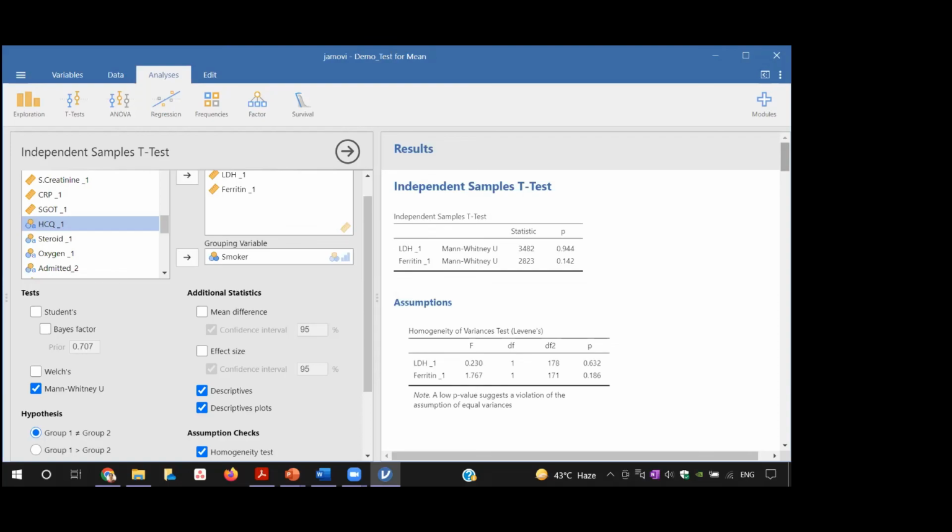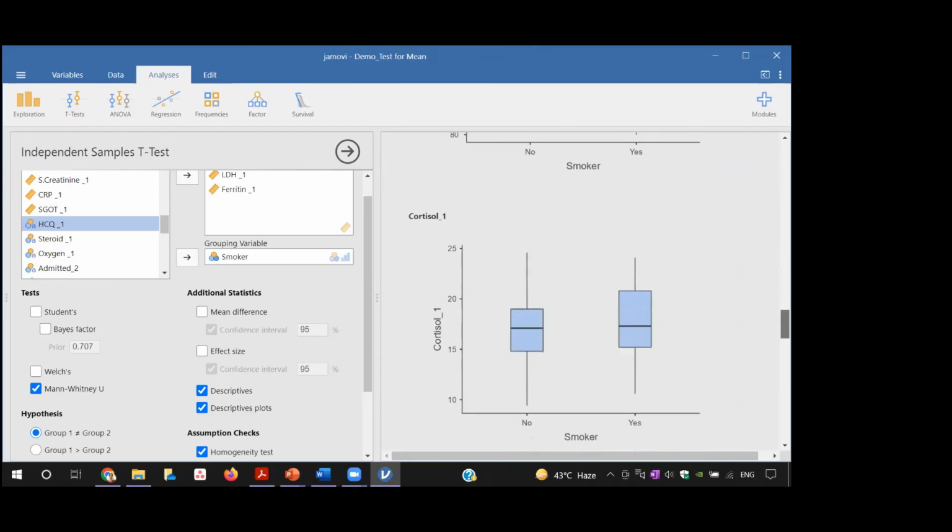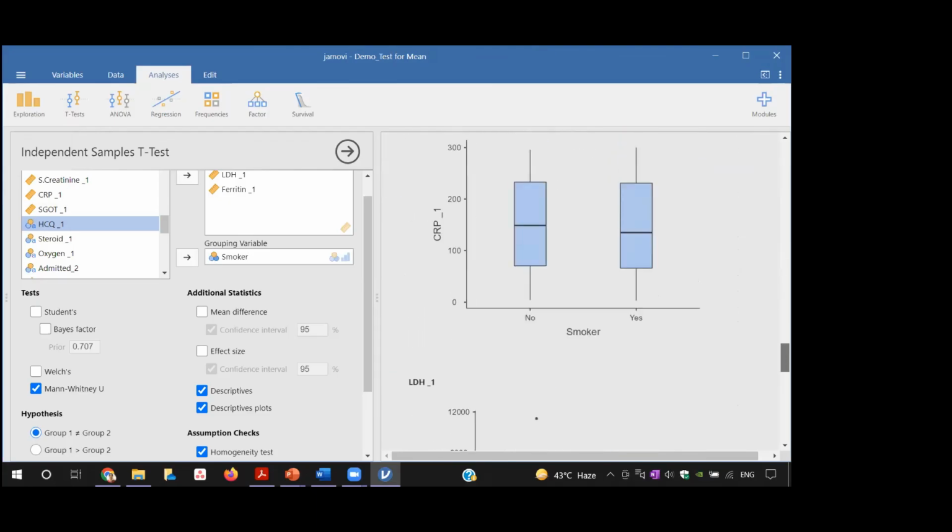Ma'am, can we identify the outliers in this by using the software? Yes, in SPSS it is very easy because it gives you the number which is the outlier. For example, if you come to this exploration, or I'll go up where I have drawn some box plot, can you see? This is the outlier.